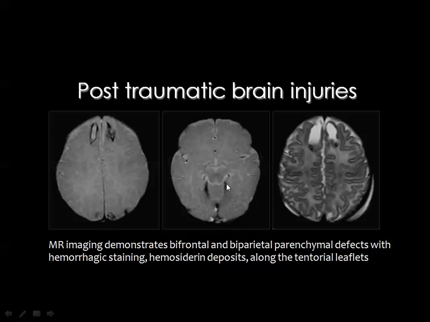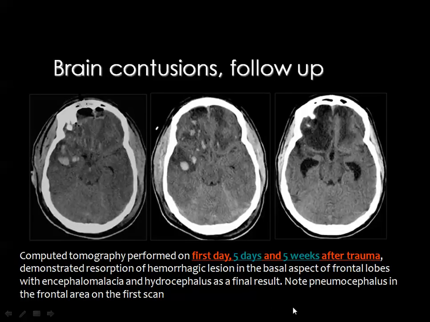And this blood is present in the tentorium, and you know that this should be in the subdural space. The contusion will appear mainly of low signal in T1 and high signal in T2, except the hemorrhagic component, which will appear according to the stage of the hematoma.